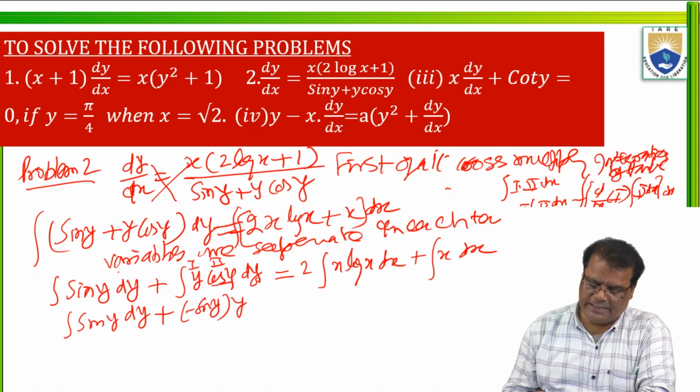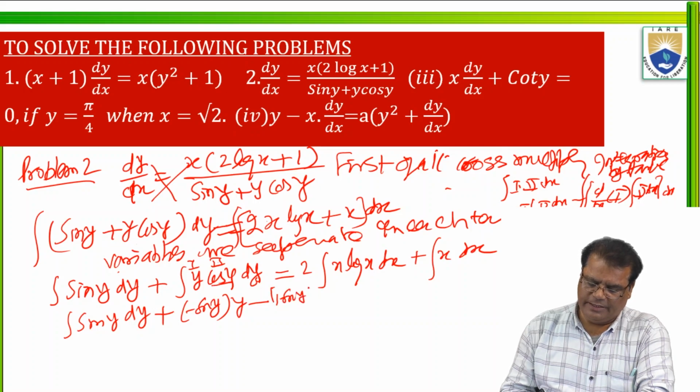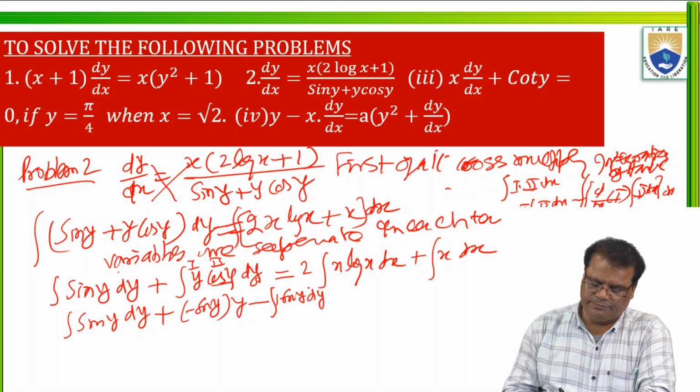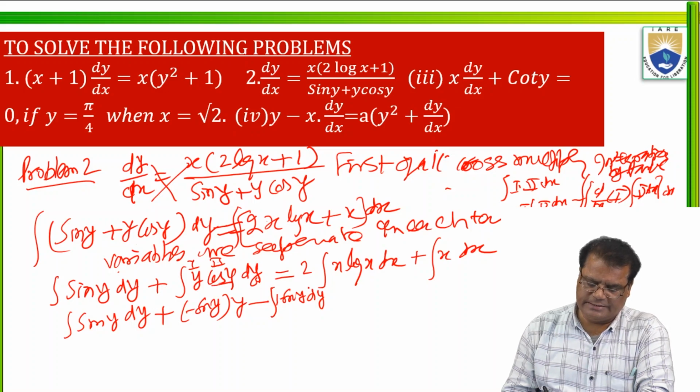So here also we apply this to the integration of y cos y, where y is first function. The differential of y is 1 and the integral of cos y is sin y. Again integrating, the integral of sin y is minus cos y, so minus sin y means plus.